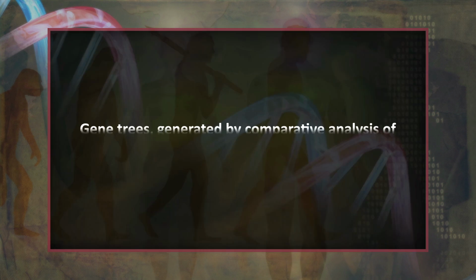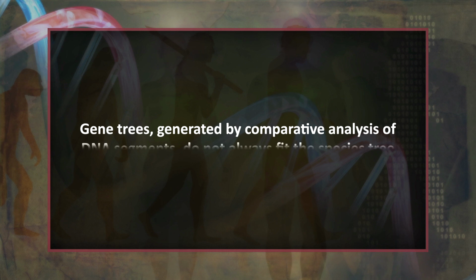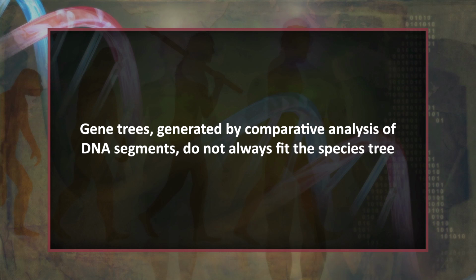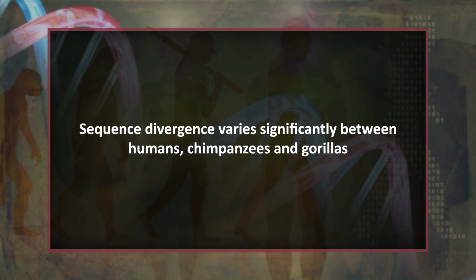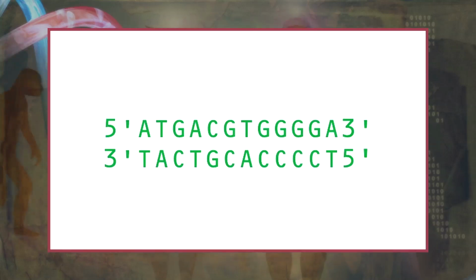Additionally, gene trees generated by comparative analysis of DNA segments do not always fit the species tree. Therefore, the sequence divergence varies significantly between humans, chimpanzees, and gorillas. For most DNA sequences, humans and chimpanzees appear to be most closely related, but some point to a human-gorilla or chimpanzee-gorilla clade.